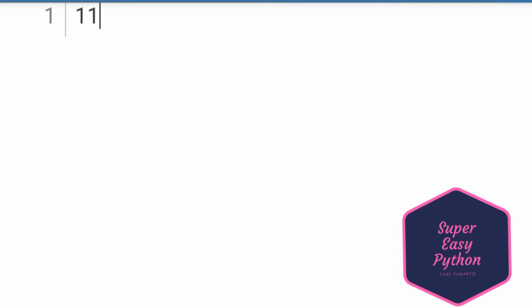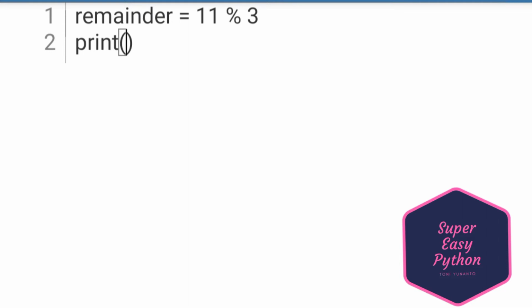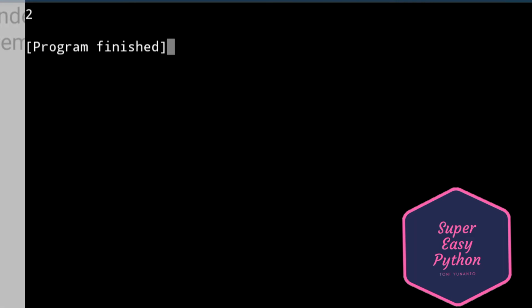So we have remainder equals to 11, and then we type percentage like this, or we call it modulo, and then 3, and then print bracket remainder. How many do you think the result is? So it is 11 divided by 3, of course 3. How many is the remainder? Yes, it is 2.